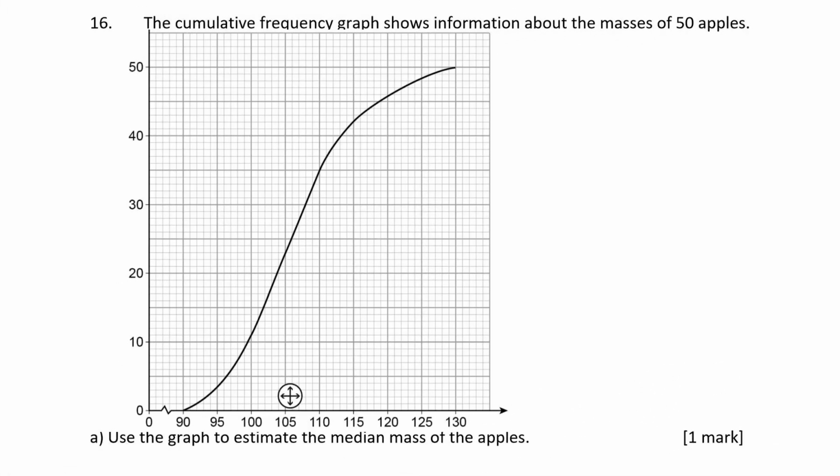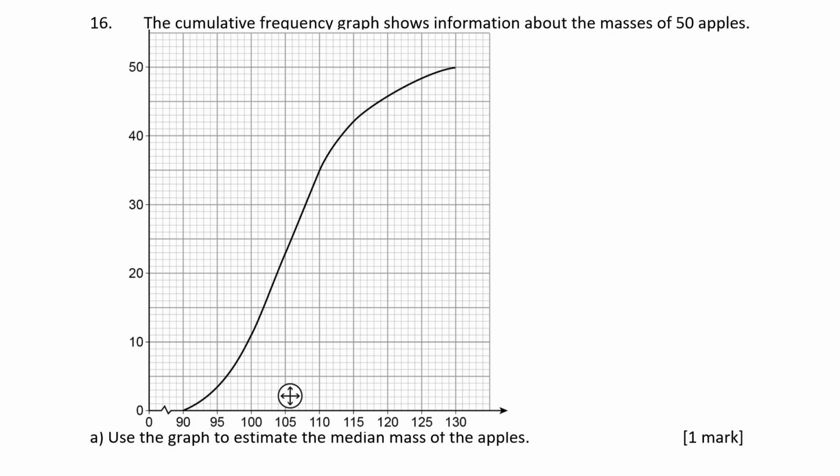Question 16. The cumulative frequency graph shows information about the masses of 50 apples. So we've got the mass of apples along the bottom, and we've got that distinctive S-shaped curve for cumulative frequency at the side. Use the graph to estimate the median mass of apples. Now, median is middle, and if we've got 50 apples, then normally you would add 1 and divide by 2 to find the median.